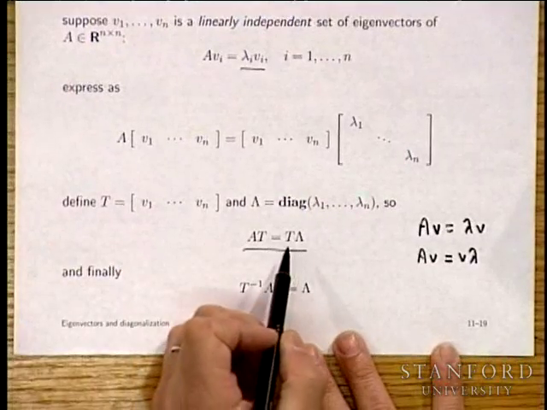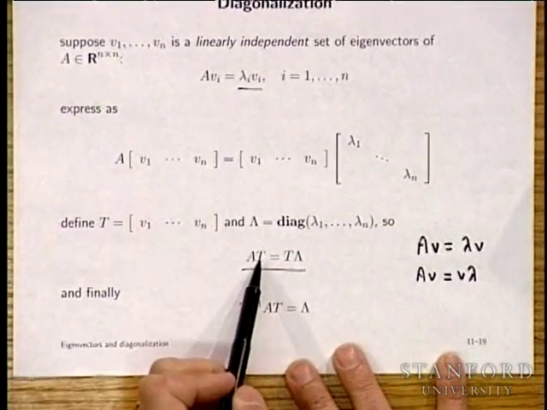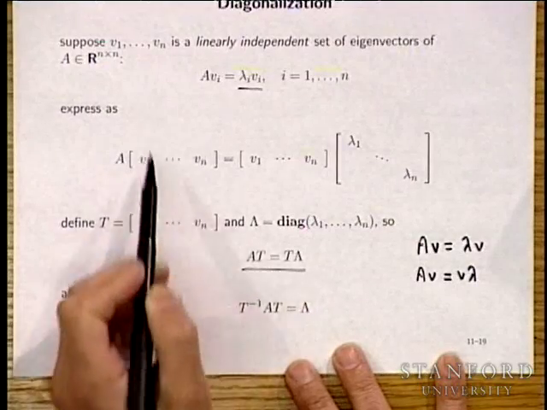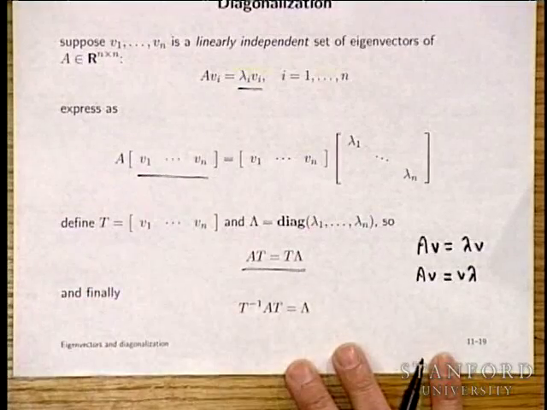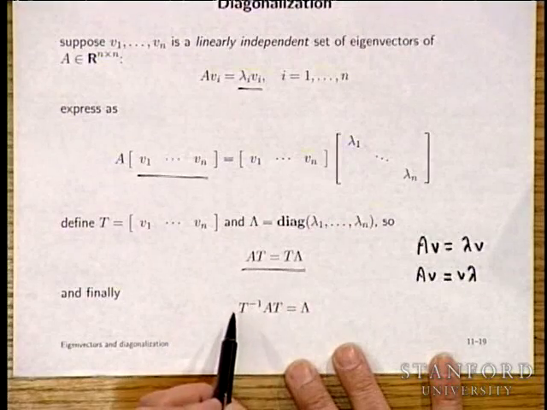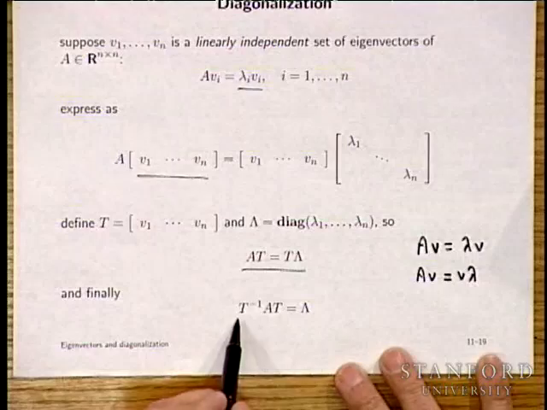Now T, because these are independent, T, which we haven't used yet, this matrix T is invertible because it's n independent vectors. That's non-singular. It can be inverted. I multiply this equation on the left by T inverse, and I get T inverse AT is lambda. Okay? So that's the picture. This you've seen before.